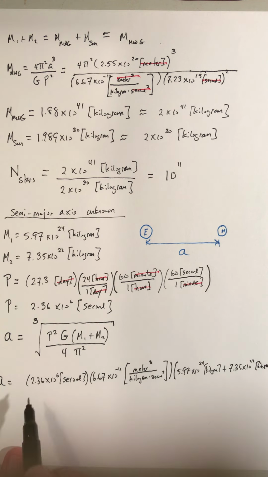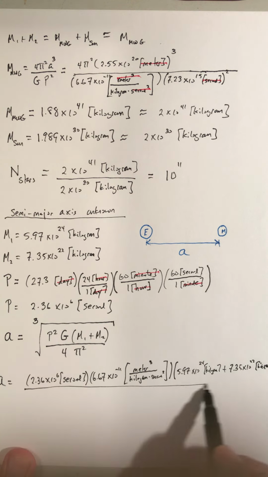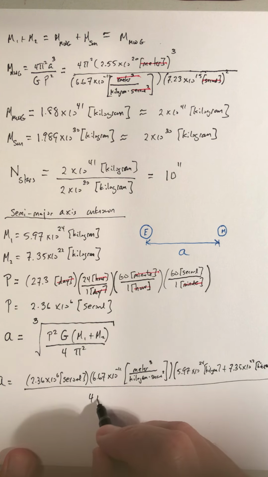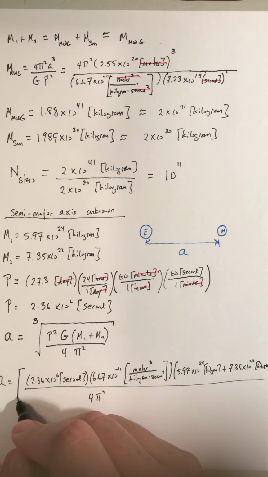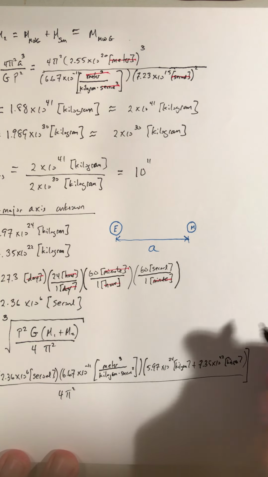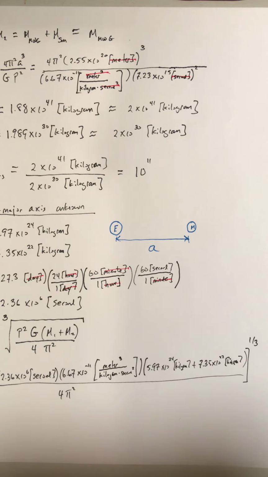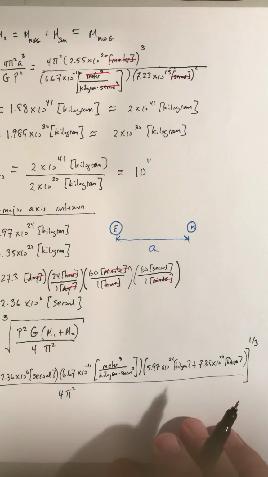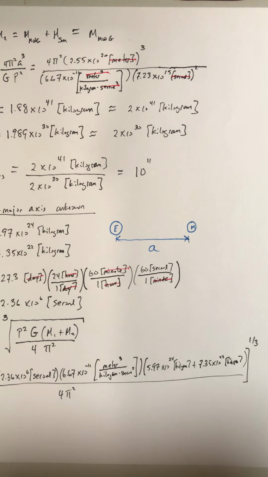And then downstairs I just have dimensionless factors, 4 pi squared, and to do the cube root I have to take this to the 1/3 power. And go through and, see, caught a mistake. That has to be period squared.